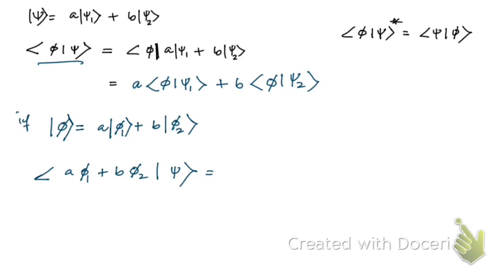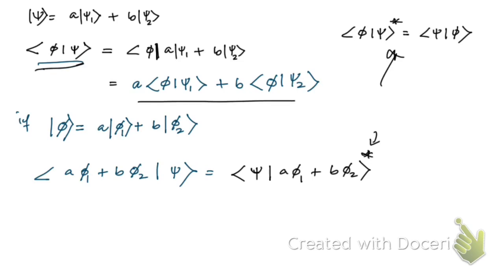If we use this property here, then what we can write is the complex conjugate of the scalar product of psi and a into phi 1 plus b into phi 2. So here if we take the complex conjugate, then this order will be reversed, right, according to this property. So hope you have understood this. And if that is the case, then again perform the scalar product this way as we have done above.